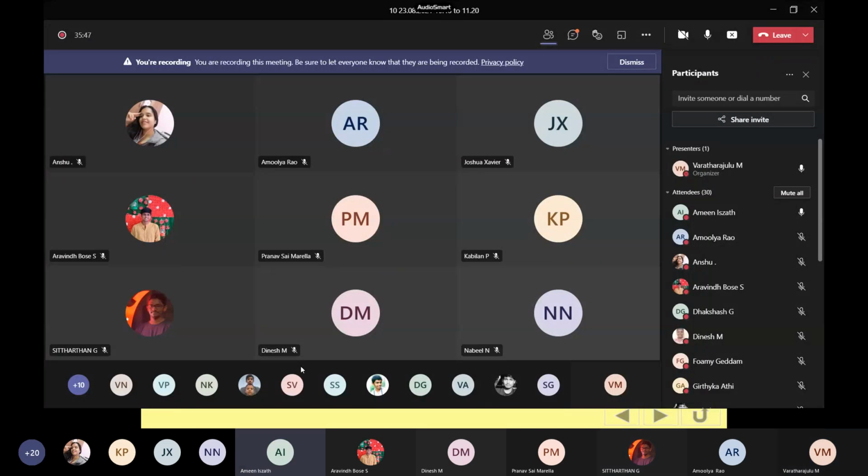Sir, may I know the answers again? Ismat, when x naught is equal to 1, you are seeking the answer, right? Yes, tell me, Siddharthan, what was the fourth iteration result?